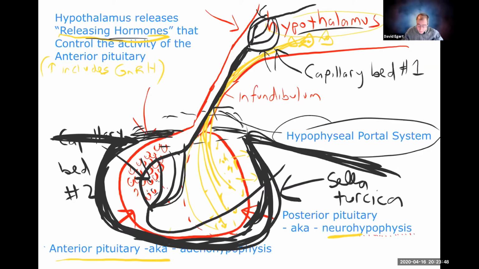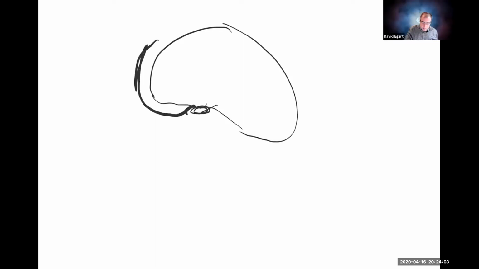Basically, when you're trying to take the brain out of the skull, here's the brain, here's the pituitary gland, here's the skull, and here it's sitting in this little thing. There's this dural septa that just anchors right around this.